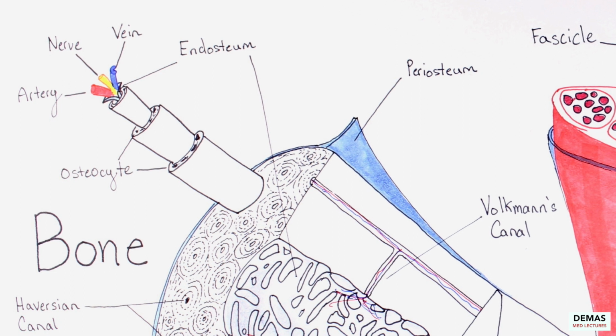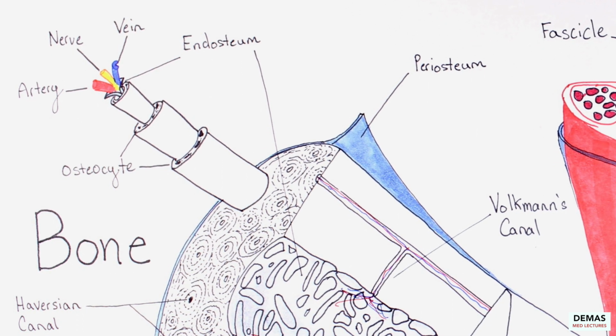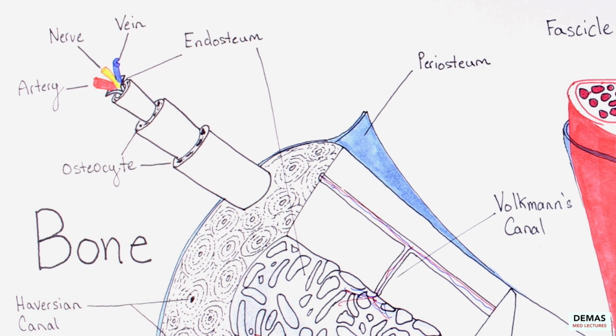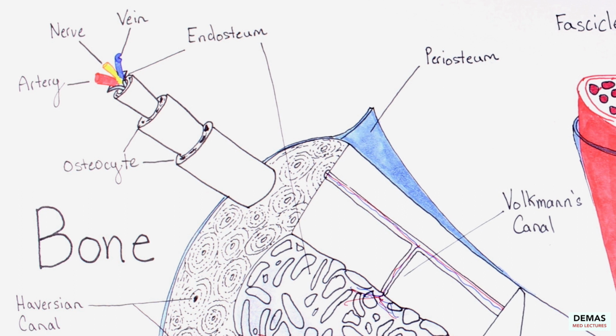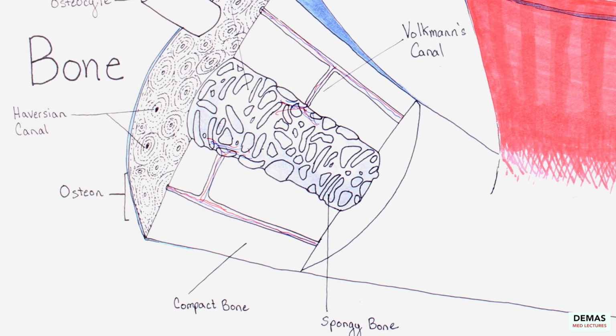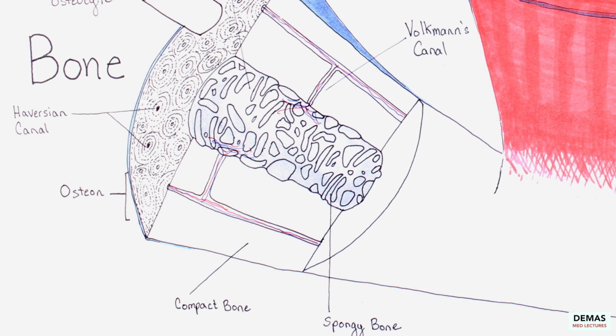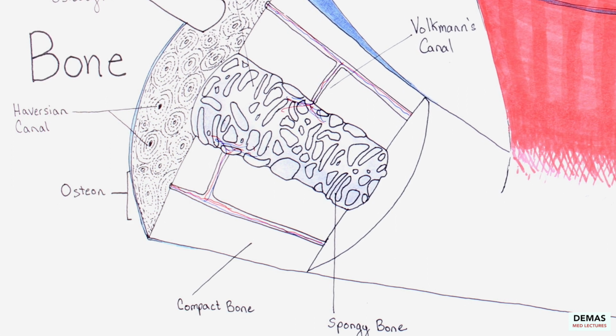Endosteum is actually debated whether or not it's found within the Haversian canal, so make sure you're familiar that it's located within the medullary canal. Those are the two layers that you should be familiar with for bone. One additional piece of information is that there are also perpendicular canals running through the compact bone, called Volkmann's canals, which are perpendicular, of course, to the Haversian canals.